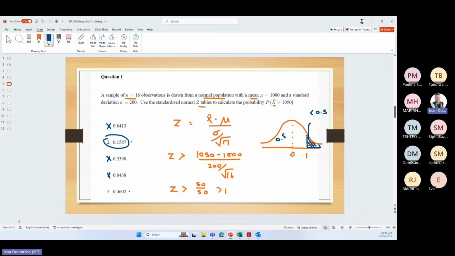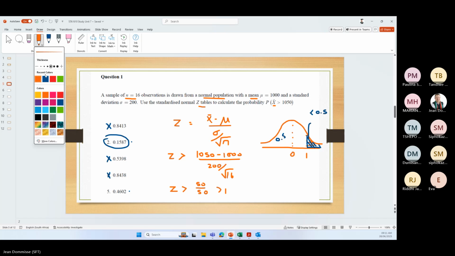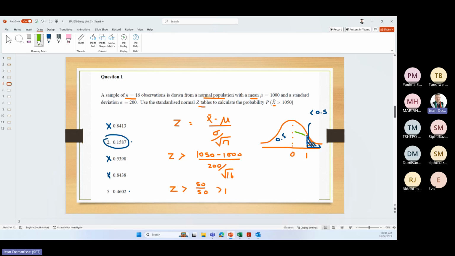We could also have gone the other route to say we'll get this bigger area, the green area, and we say 1 minus the green area, because that will also give us that blue area.